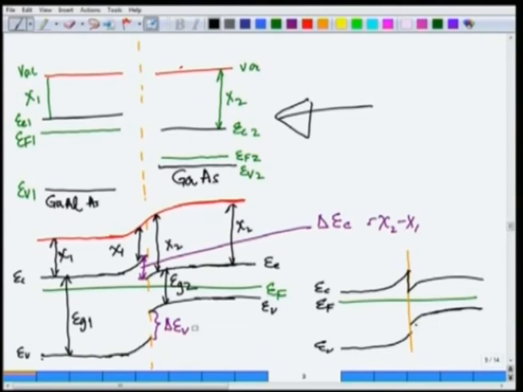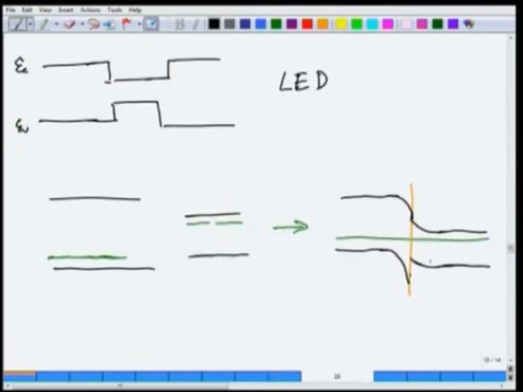We have drawn it right here. So in this case, it reverses. This kind of feature goes to the bottom. You should be able to try this exactly using the same level, and the vacuum level, of course, will in this case remain something like this. The vacuum level will look something like this. This will be the vacuum level, this will be the EC, and this will be the EV. So you should be able to practice this diagram.